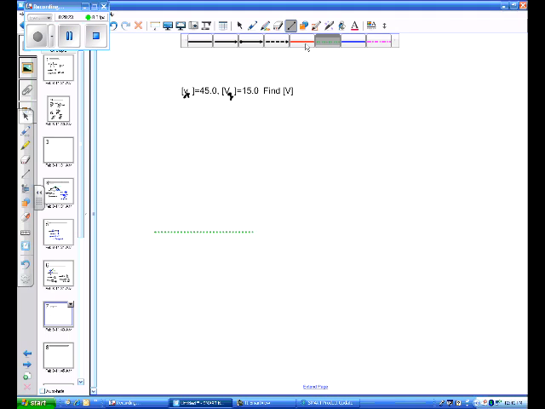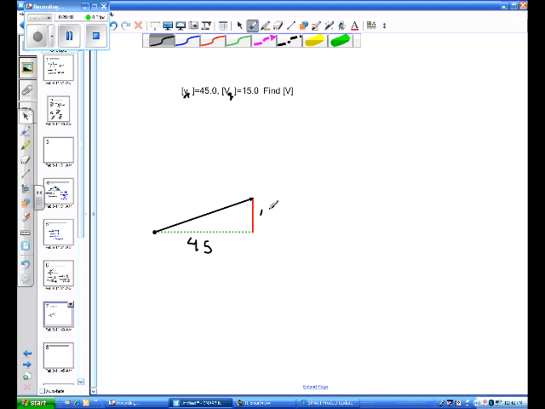Our v sub y, or our vertical one, is 15, so it's a lot shorter. And what we want to know then is what is v. We know the horizontal and the vertical in this case. This one was 45 and this one was 15.